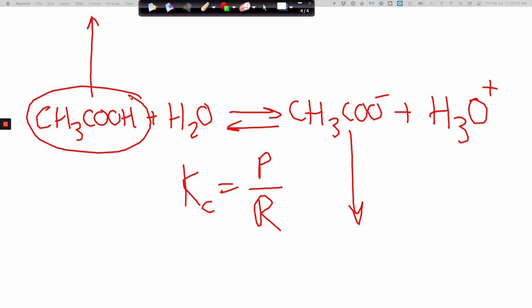The stronger it is, the more product we'll have, the less reactant we'll have, and the Kc value will go up. The weaker a weak acid is, the more of it stays as reactant and the lower the Kc value is. Guys, these are actually what are called Ka values. They are simply Kc values when your weak thing is an acid.